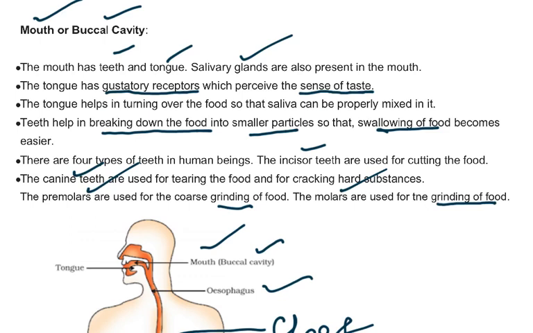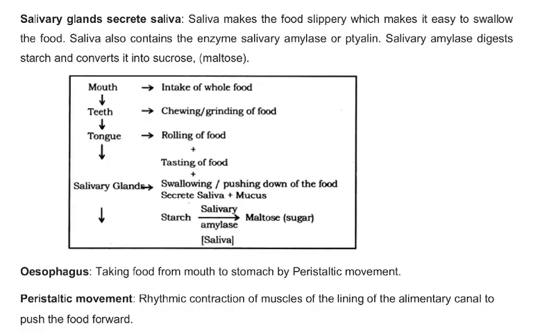Followed by, we have a tongue along with the saliva. It helps in properly mixing the food, or you can say the rolling of the food within the mouth, so that it can be made soft and easily ingested into the next part. The saliva secreted by the salivary gland contains a large amount of water which softens the food and makes it slippery so that it can be easily ingested.